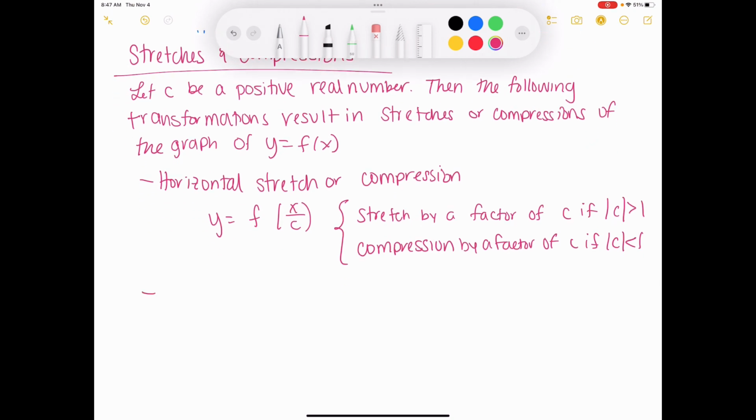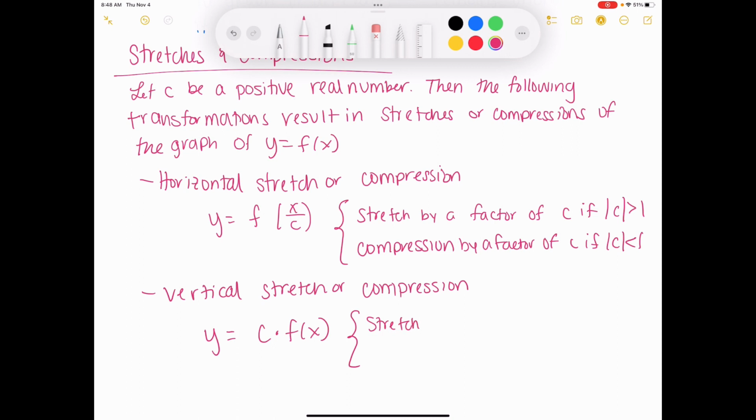And then there's a vertical stretch or compression, so y is equal to c times f of x. So it's a stretch. Because the thing where you have the little bracket thing, it says stretch by blank factor. Does that say c factor? The glare is weird.